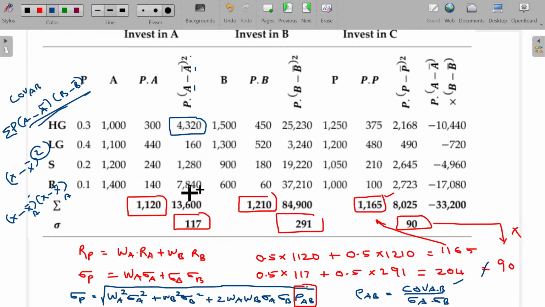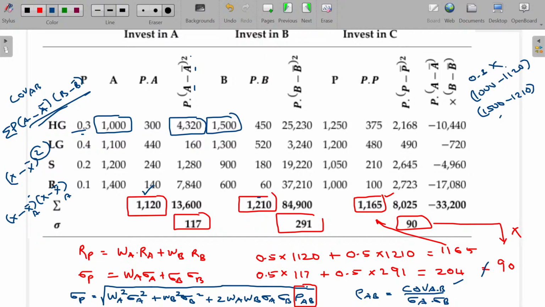Here, this is the mean. 1000 minus 1120 into, similarly here, 1500 minus 1210, multiply with this and apply the probability 0.3.